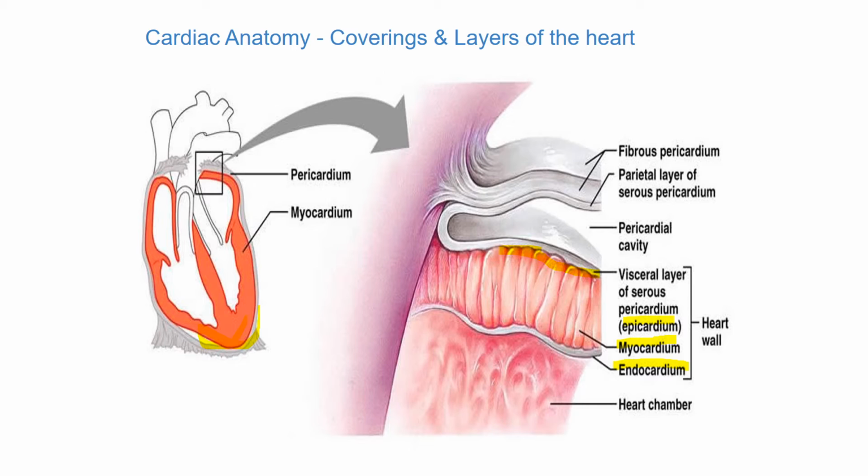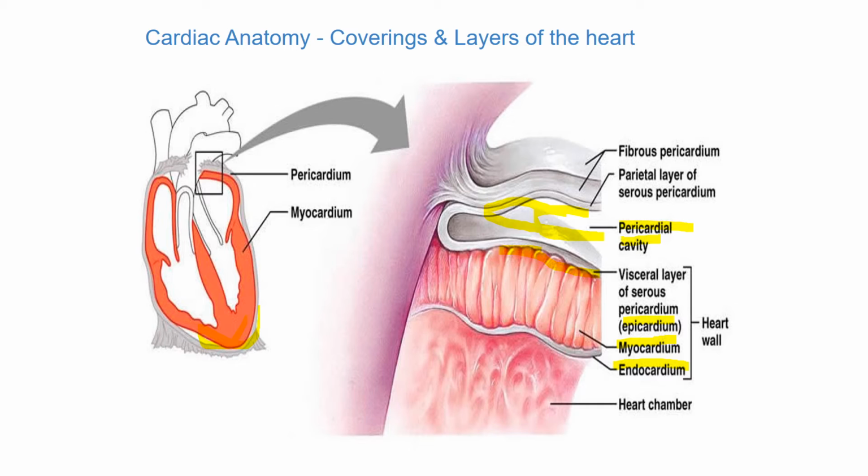The heart is enclosed by a pericardial sac, and within this pericardial sac or pericardial cavity, we have serous fluid, which allows for prevention of friction.